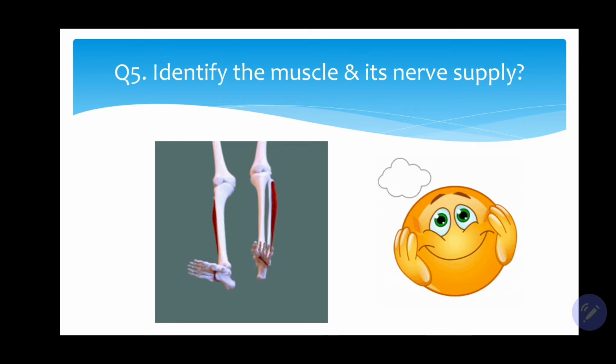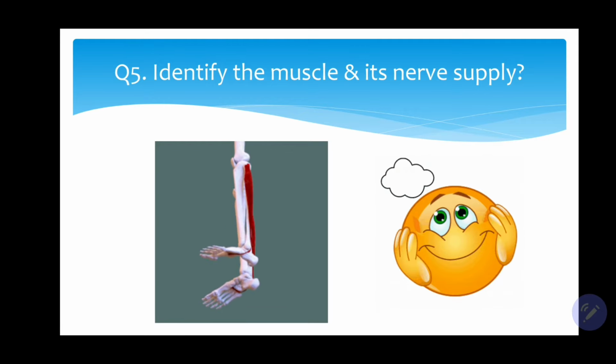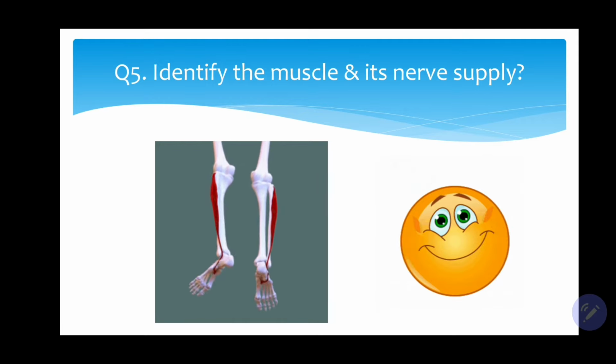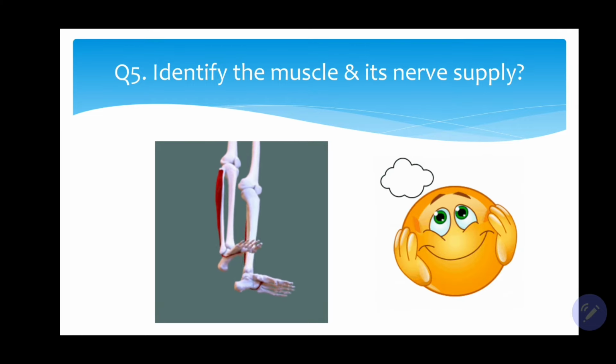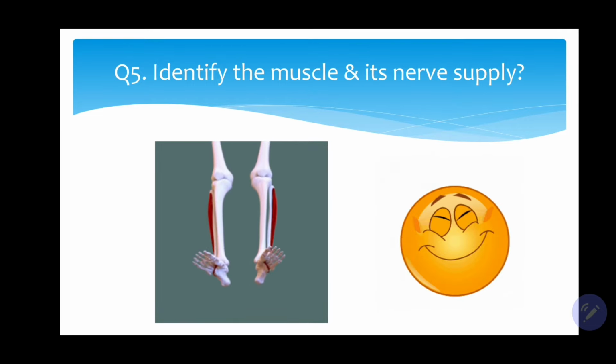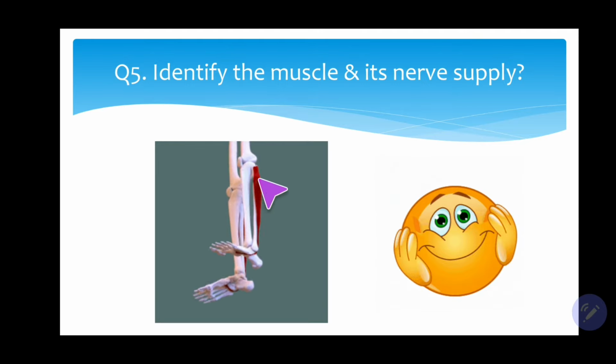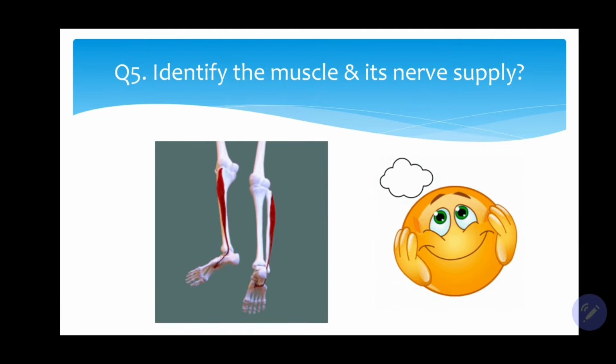as well as from the adjoining intermuscular septum. The common peroneal nerve divides into its two terminal branches here at the neck of the fibula.